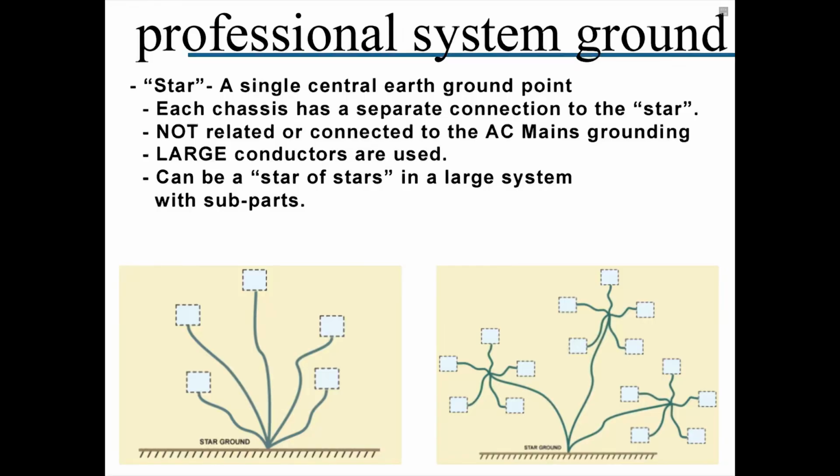Professional audio facilities use a star ground system, which is a single central earth ground point. Each chassis has a separate large conductor connection to the star, which is not related or connected to the AC mains grounding. Facilities with multiple stations or rooms build a star of stars.